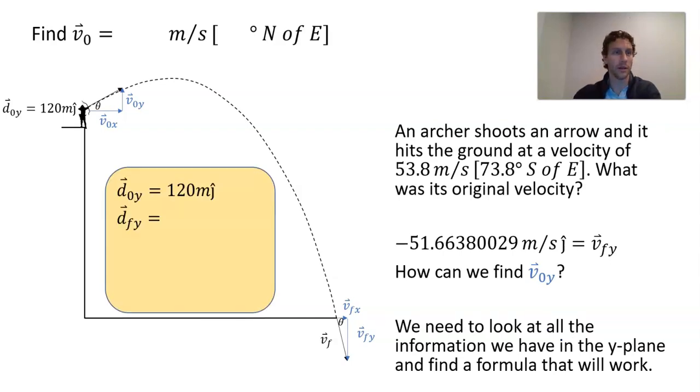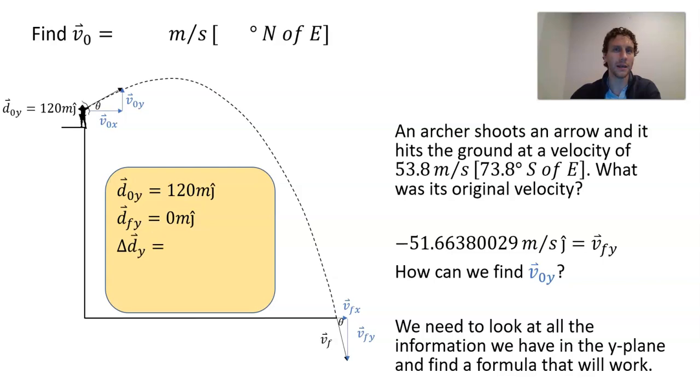So we know our initial position. D is position. Our initial position in the y is 120 meters up, 120 meters j hat. Final position in the y is 0, because it's on the ground.